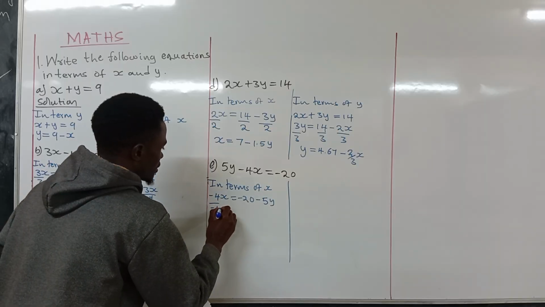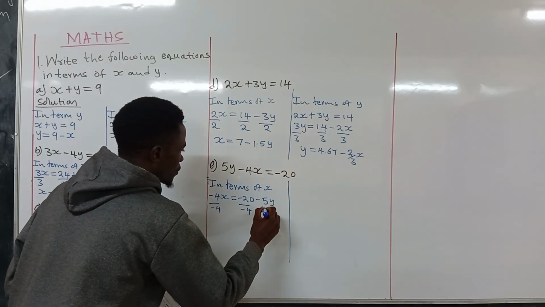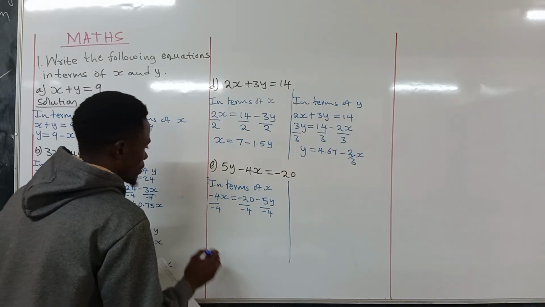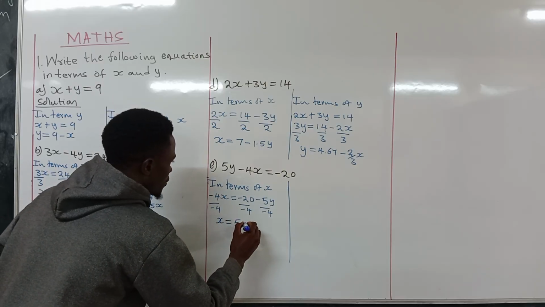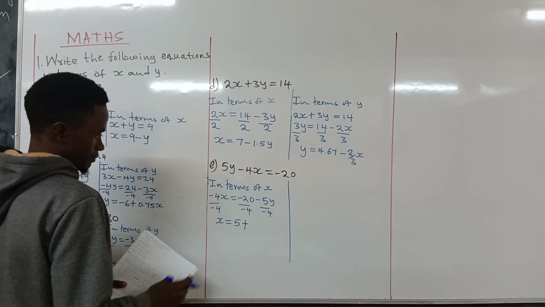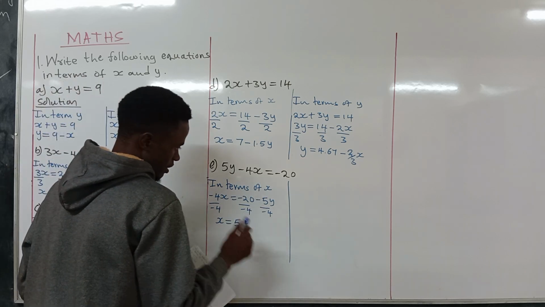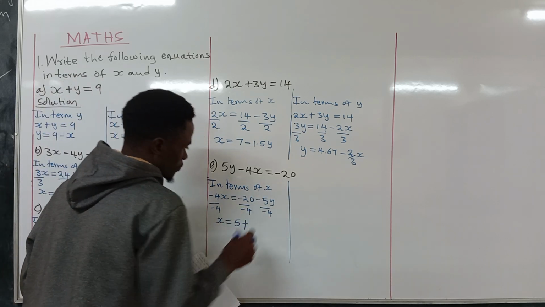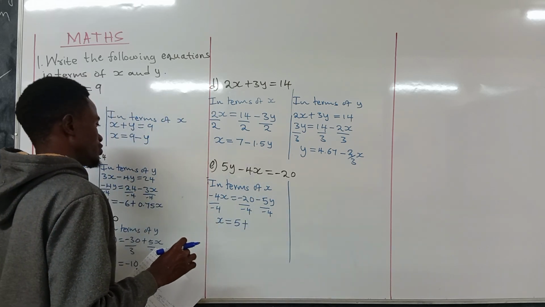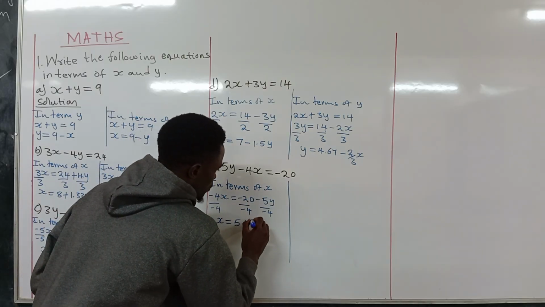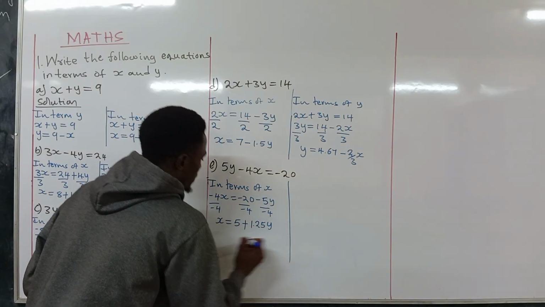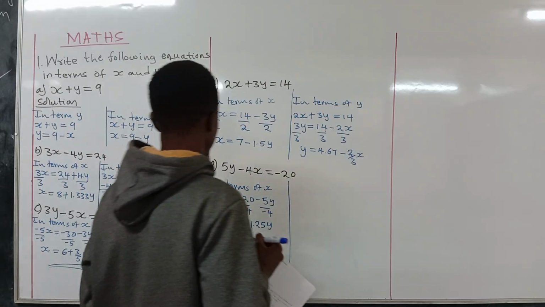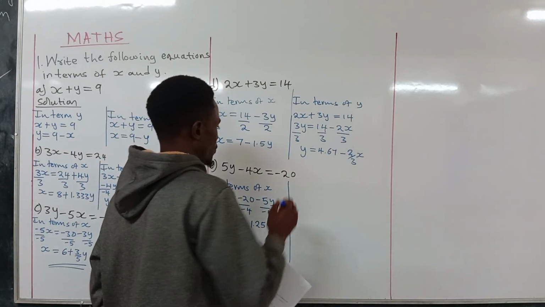So divide by negative 4 everywhere. So our x is going to give us 5 plus 5 out of 4, that is 1.25y.